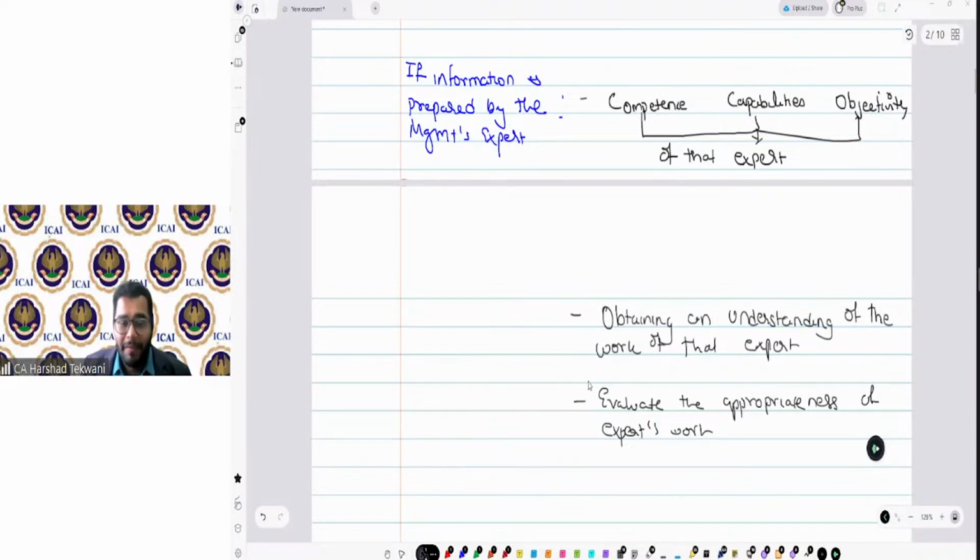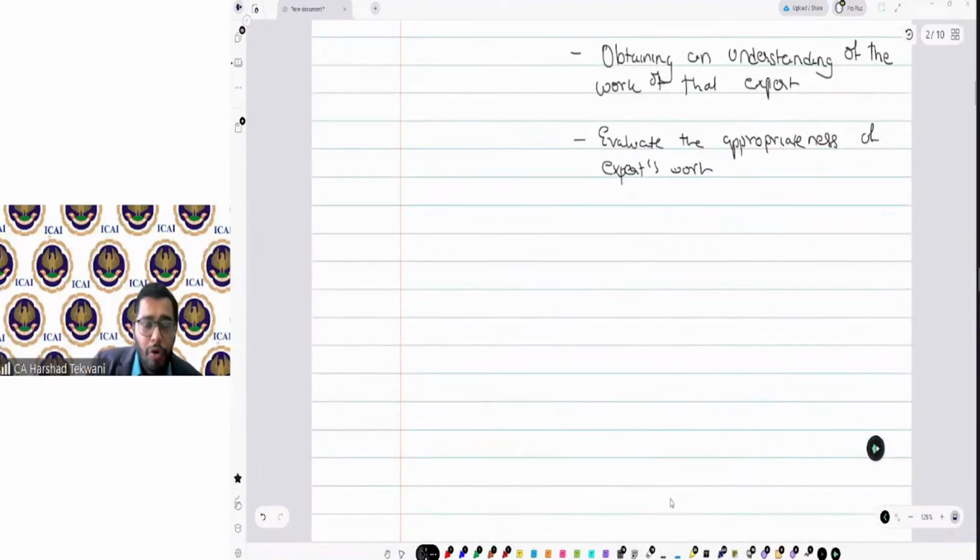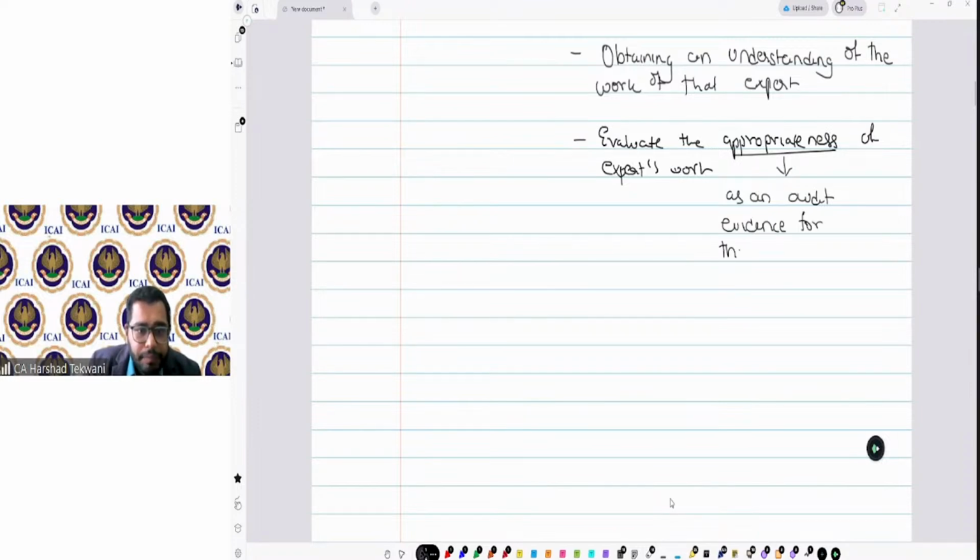So when I say evaluate the appropriateness of experts' work as an audit evidence, I'm talking about appropriateness as an audit evidence for that relevant risk and assertion.